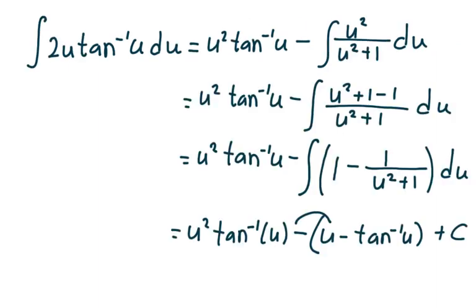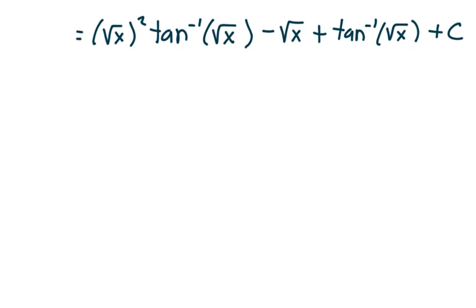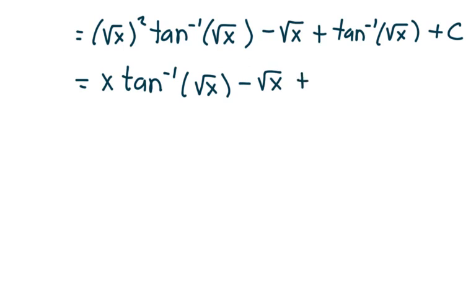Because I'm substituting square root of x for u. But square root of x squared is x. So I get x arctangent of square root of x minus the square root of x plus arctangent of square root of x plus c.